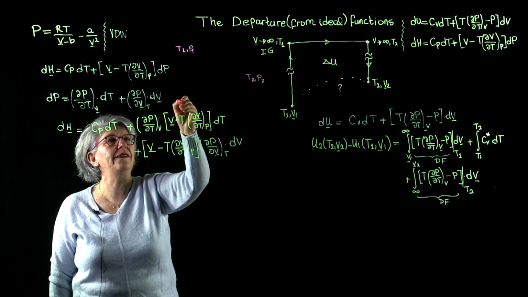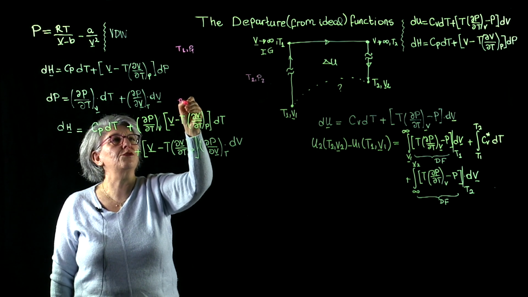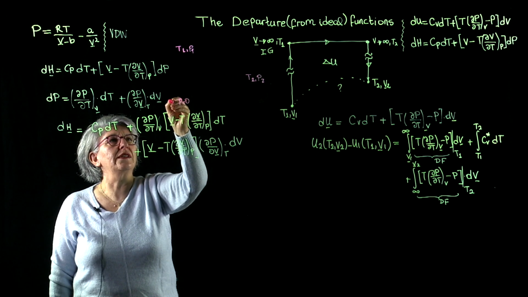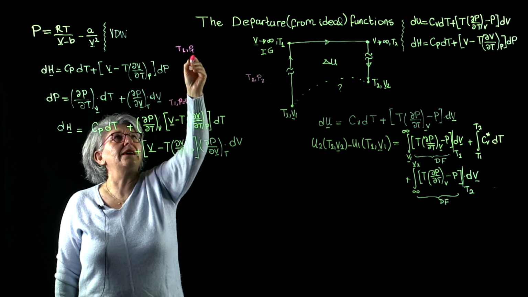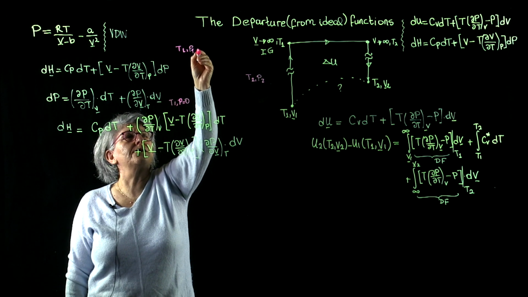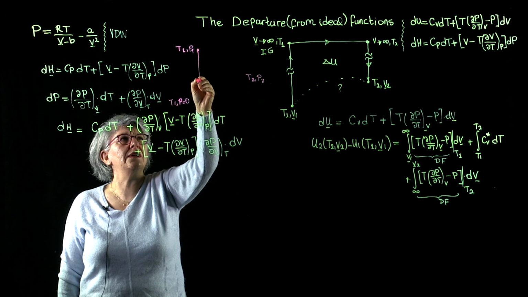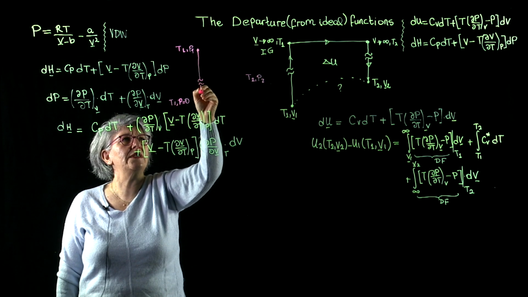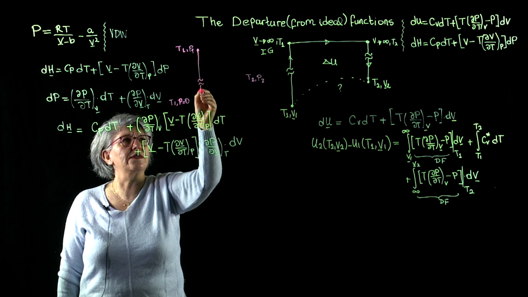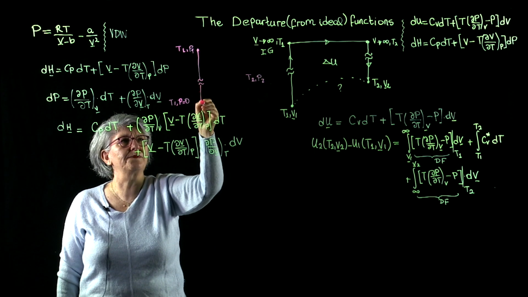So we are going to have a pressure equal to 0, T1, isothermal expansion, all right, wherever the pressure was, to this zero pressure domain.